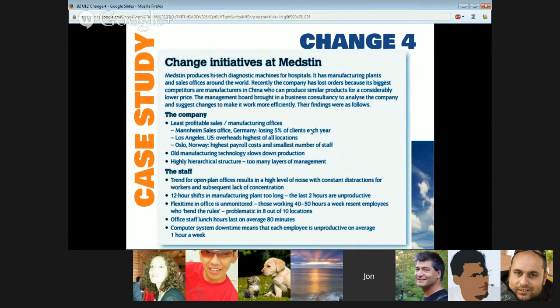Old manufacturing technology slows down production. And the last point is a highly hierarchical structure. Too many layers of management.